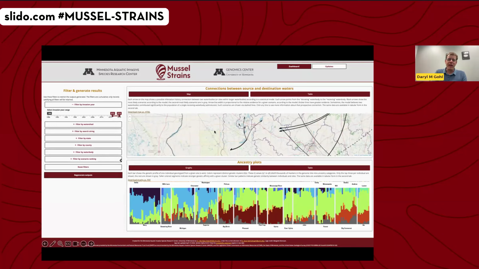And so what we're envisioning is that as we continue to add data and update this, this could be a very nice tool for identifying lakes that are causing a disproportionate amount of the spread, and potentially a tool for managers to, if you identify such a lake, apply more inspection resources there, or take other preventative measures.